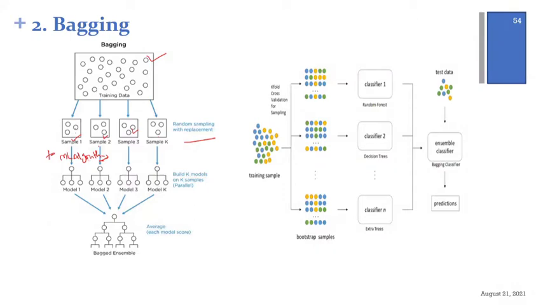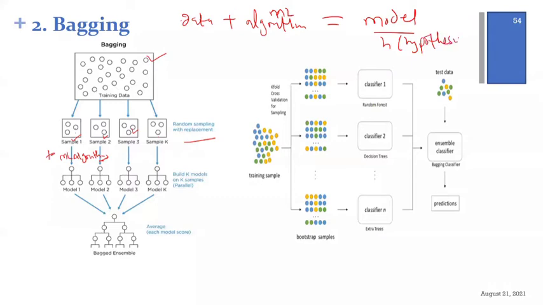The outcome of that data plus the machine learning algorithm, ML, is going to produce what we call a model, or H, the hypothesis function. So this is the outcome. We produce model 1 from it, model 2, up to model K, depending on the number of them.